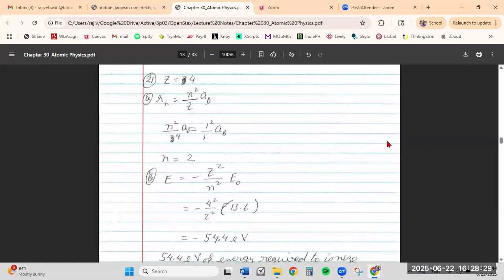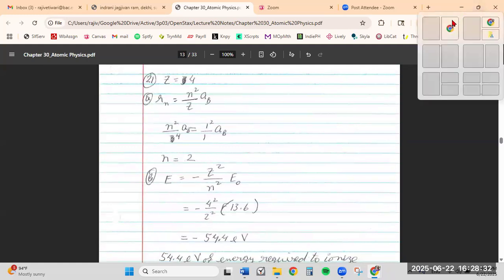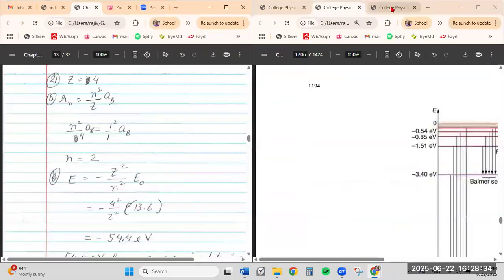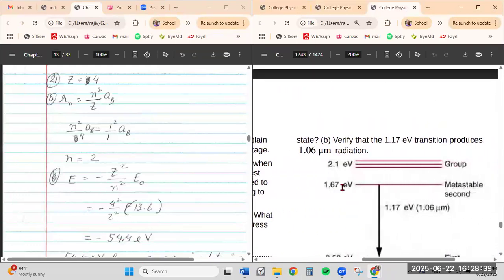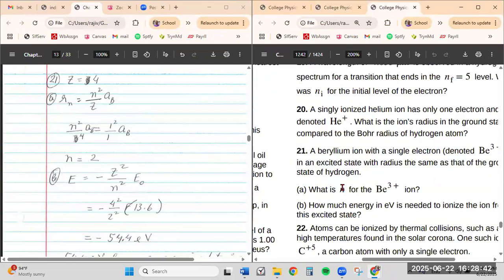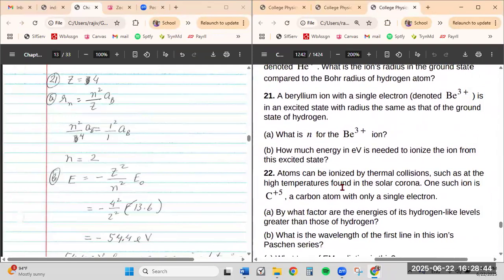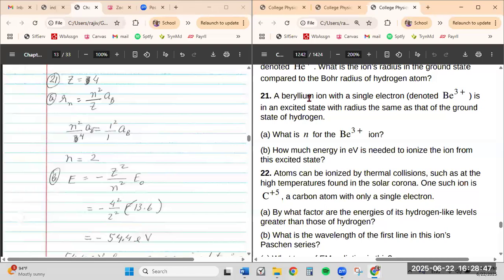Okay, let's look at problem number 21. A beryllium ion with a single electron, denoted by Be3+, so it's a triply ionized atom, is in an excited state with radius the same as that of the ground state of hydrogen.